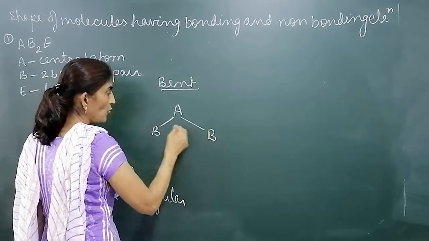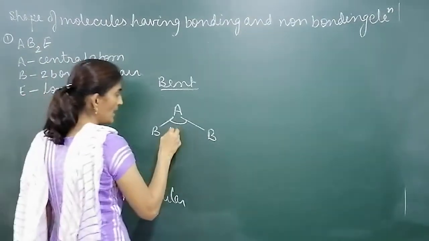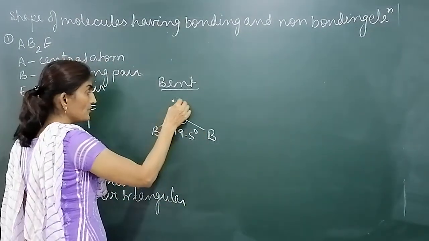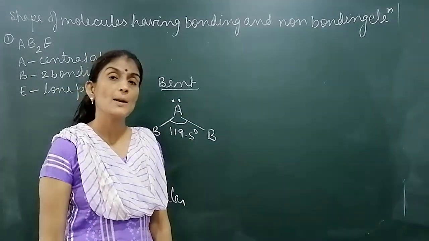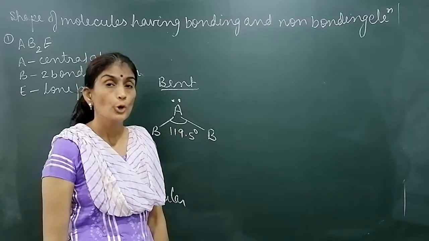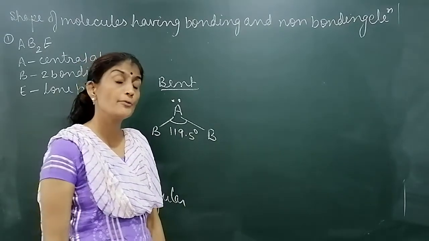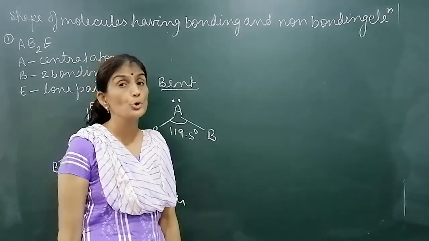The bond angle is somewhat less than 120 degree. Maybe 119.5, maybe 118, because of presence of this lone pair and its repulsive effect. In VSEPR principle we had done, if there is lone pair of electron present around central atom, then repulsion of lone pair and bond pair is more compared to two bond pair.